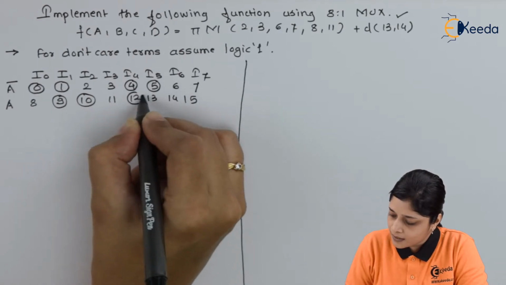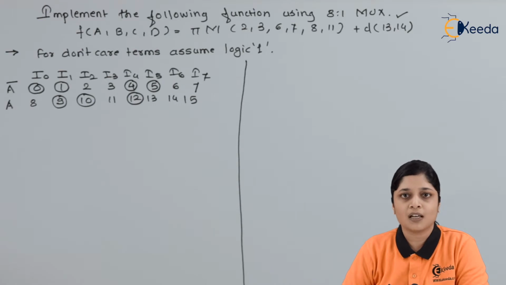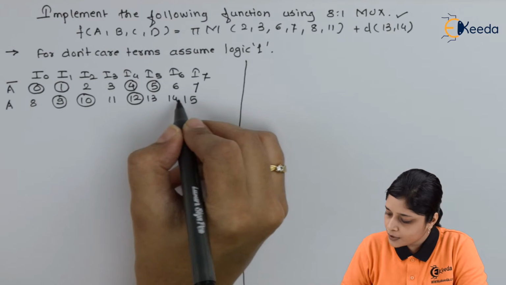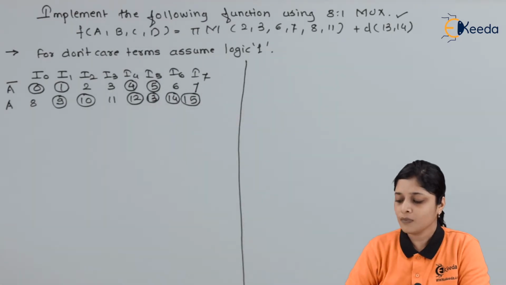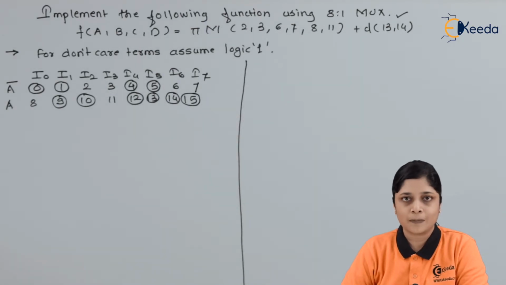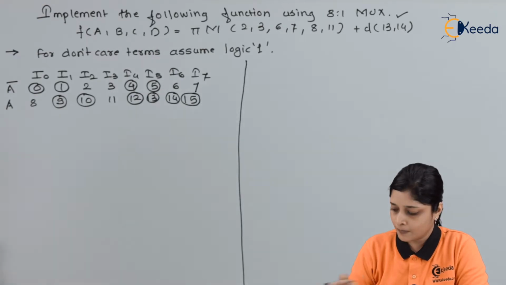Then make a circle. 13, 14 you have to assume logic 1 because they are don't care terms. And here 14 also you have to take, and 15 is also not present in the max terms. So the remaining terms all you have to circle.